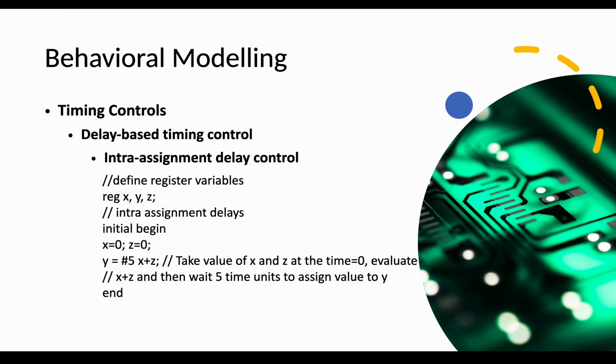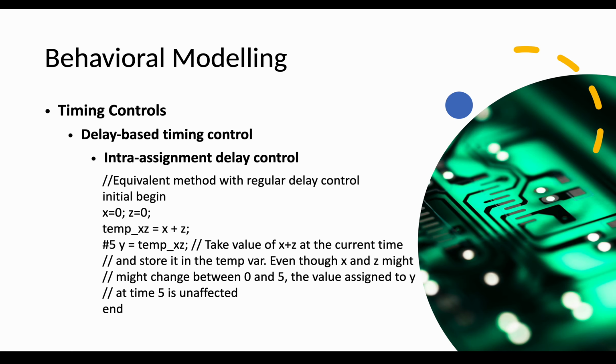The same program, we can do in regular delay control. Initial begin, X equal to 0, Z is equal to 0. I am defining a temporary register temp_XZ, which evaluates the X plus Z, and then #5 Y is equal to temp_XZ.